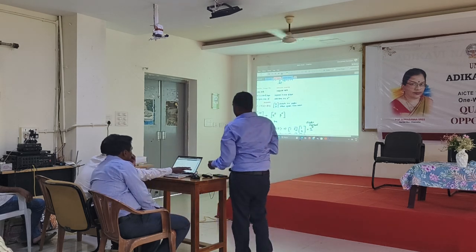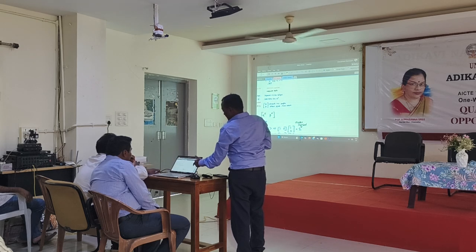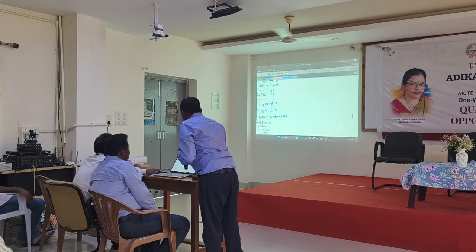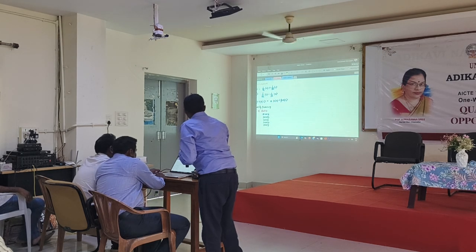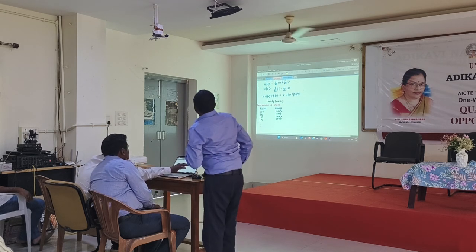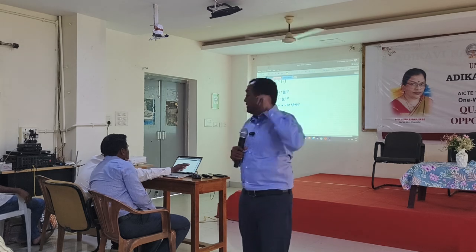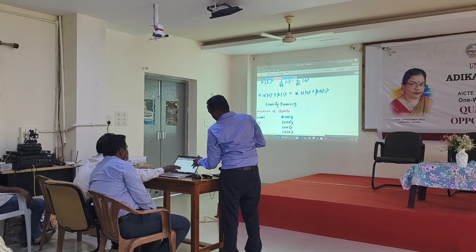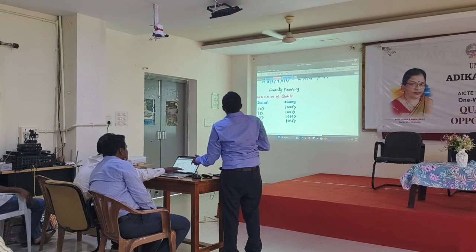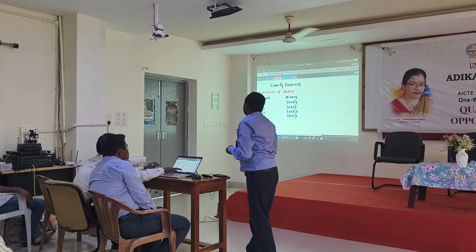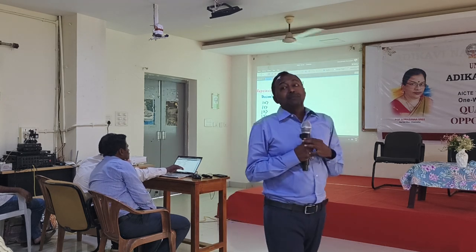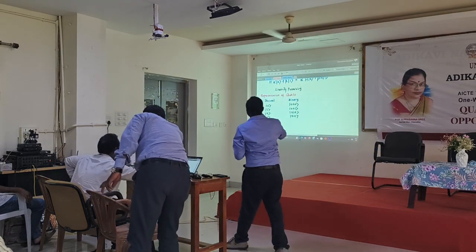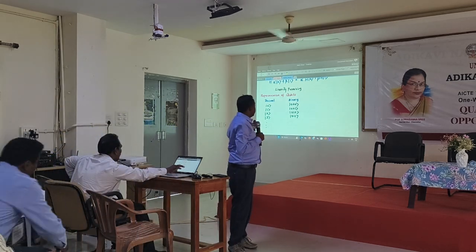So almost we reach the end of quantum mathematics. Now look at this representation of qubits, using decimal and using binary. 0 is 000, 1 is 001, 2 is 010, then 3.